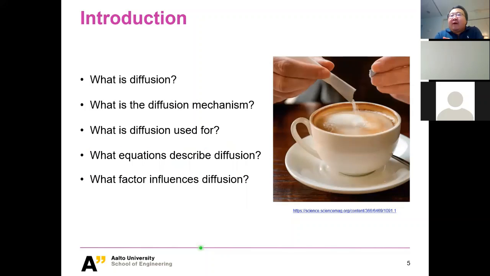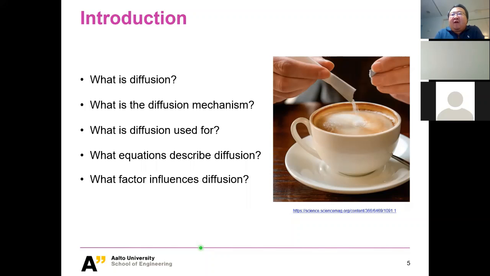Diffusion is something I think everybody is very familiar with. Here I'm giving an example. That was something mentioned by Daniel probably in our first lecture: the hobby is to take coffee. I think most of you have this hobby. If you take just black coffee, this is not so relevant for you.